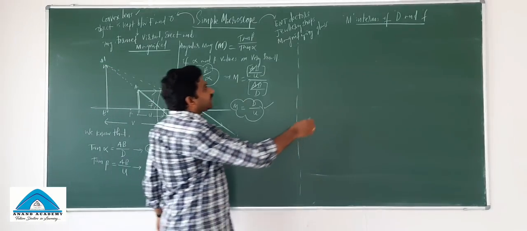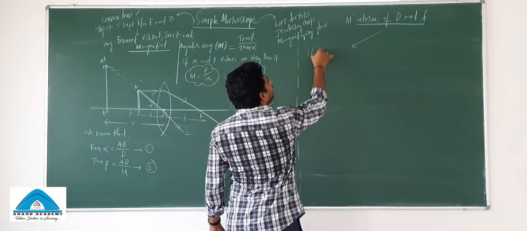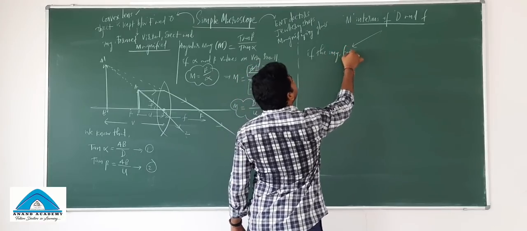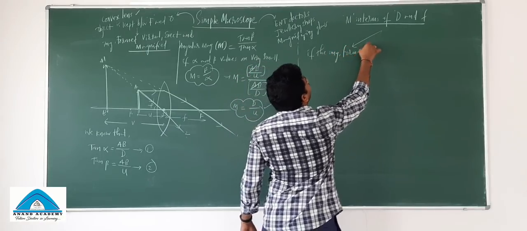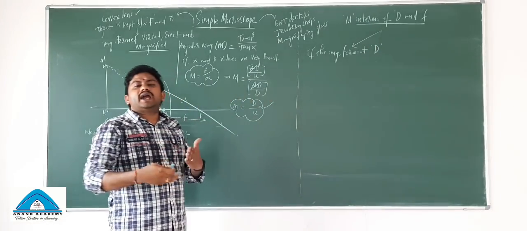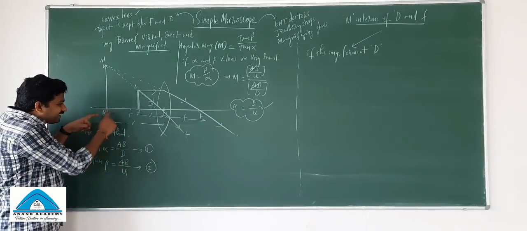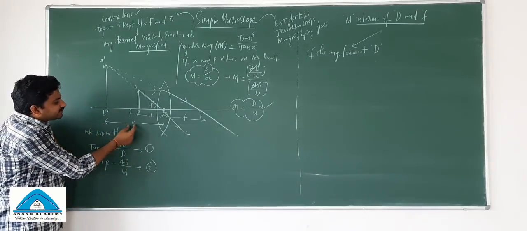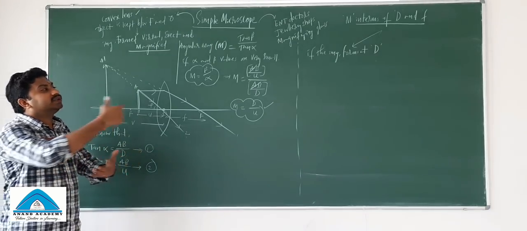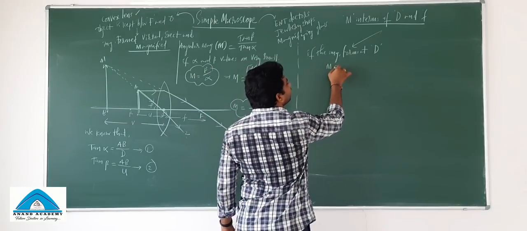There are two cases involved here. If the image forms at D, for example, here the image is formed. This is the image distance. When this image distance is capital D, 25 centimeters, how will the angular magnification be? So that is the concept here.